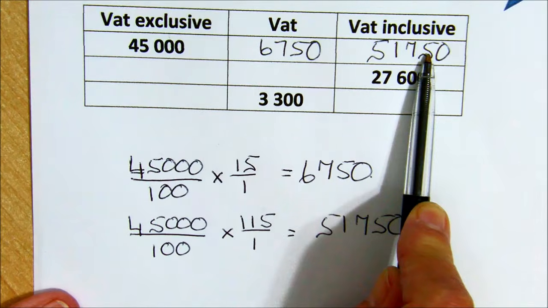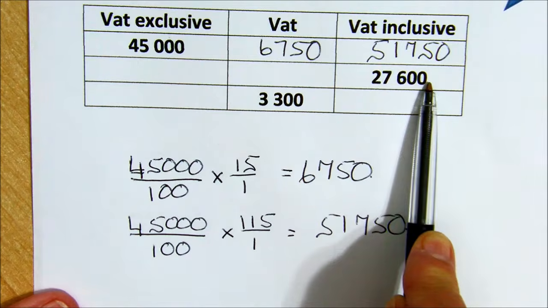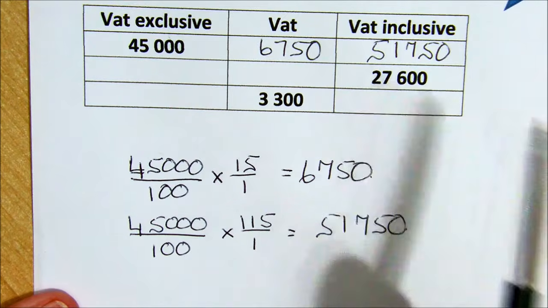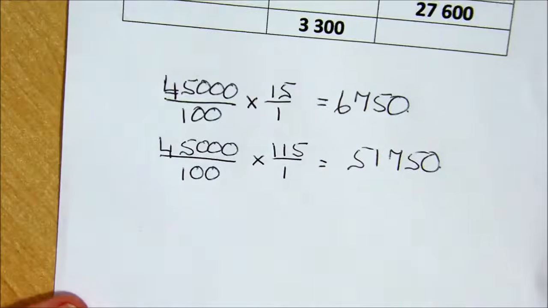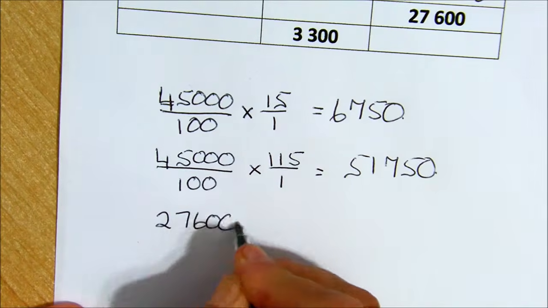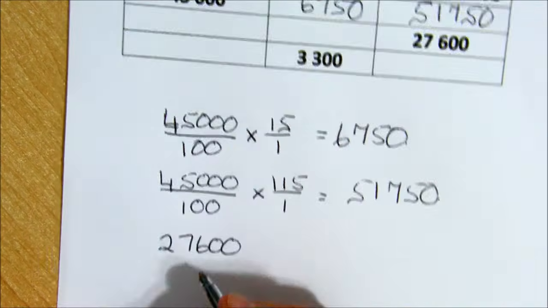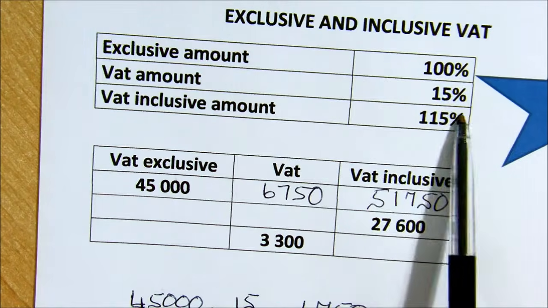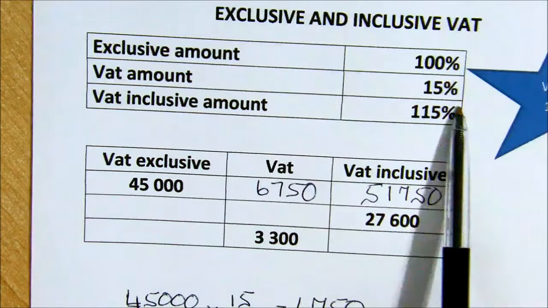Now let's carry on with that concept. The next one you're given is the inclusive amount. So we start with the figure we've got. We've got 27,600. But that now is the inclusive. And remember, inclusive includes VAT. So that is equal to 115%.